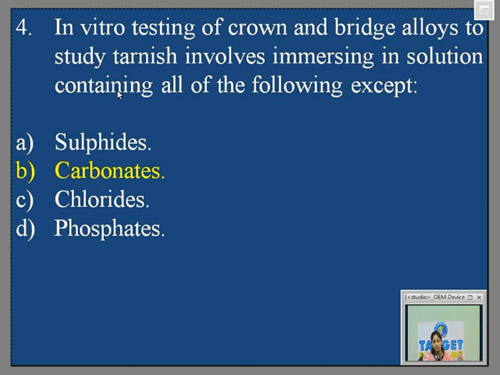Chlorides and phosphates are used for testing an alloy for its tarnish property when it is a base metal. It's only the carbonates that are not used in your in vitro testing. So sulfides are used when you have a noble metal to be tested, and chlorides, to be more specific, are used for your base metal testing. So if the question asks which solution is used for testing tarnishing of noble alloys, that is sulfides. Chlorides and phosphates are for the base metal.